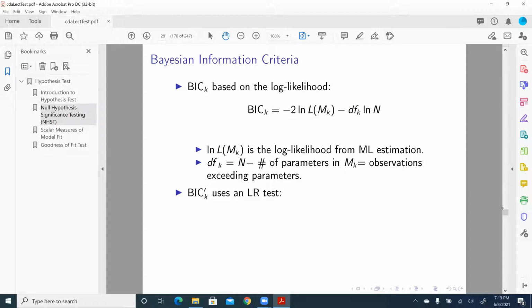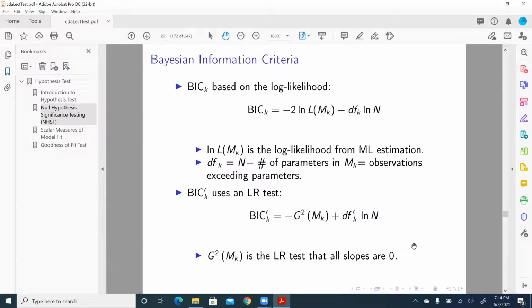There is another BIC, called BIC prime. BIC prime basically uses an LR test. BIC prime is equal to negative G squared plus degrees of freedom multiplied by log of N. Same thing for the second part. The first part is basically using a statistic from G squared. And the G squared is the LR test that all slopes are 0.